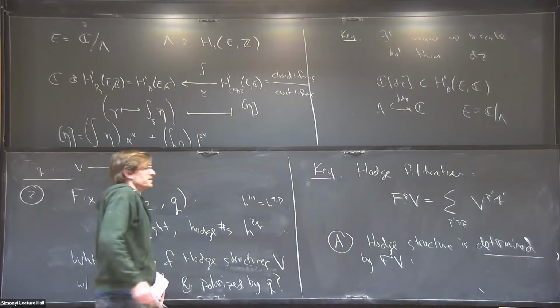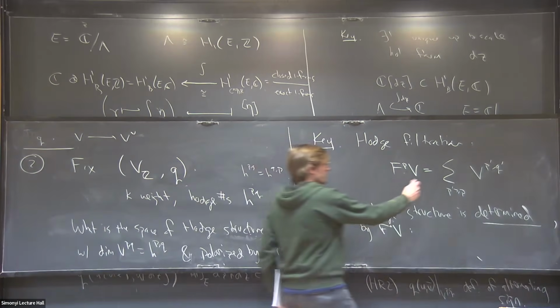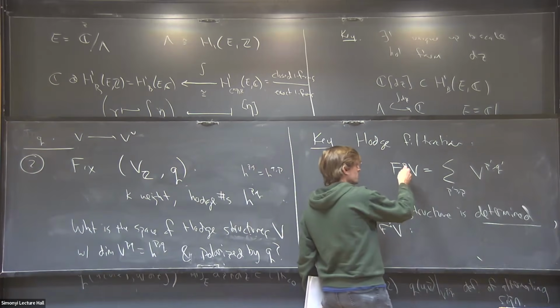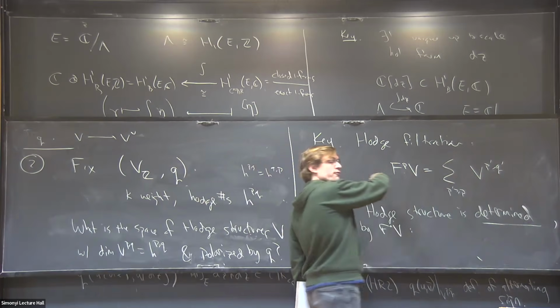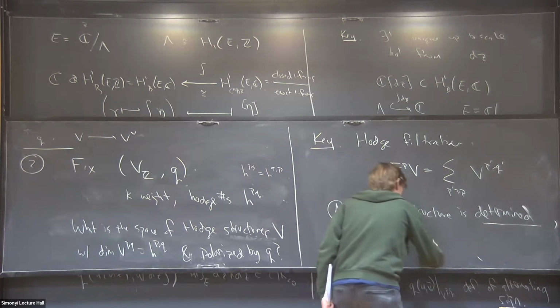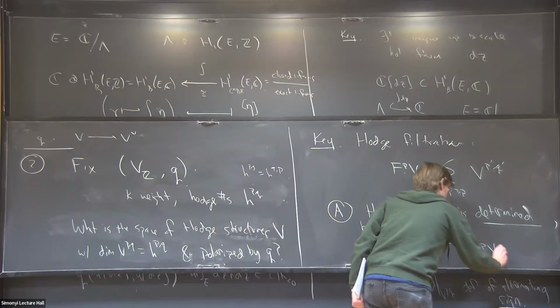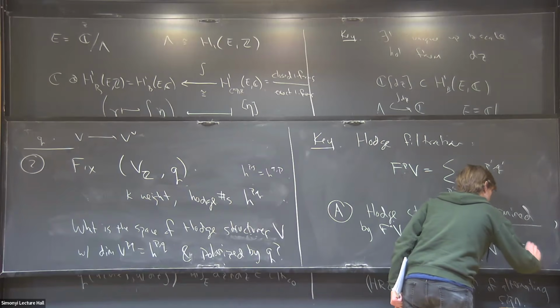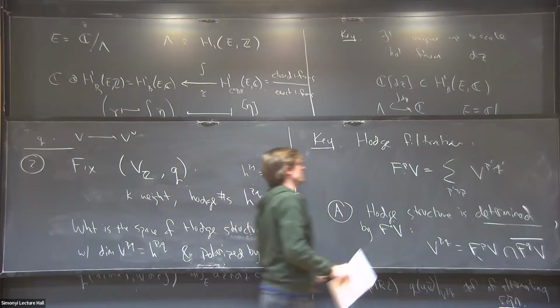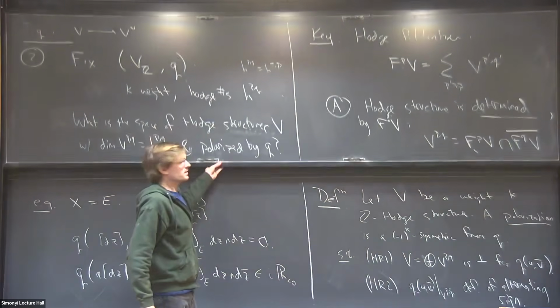That's for a very simple reason. I can recover V^{p,q} by intersecting F^p V and the conjugate of F^q V. Okay, so that's important observation number 1.